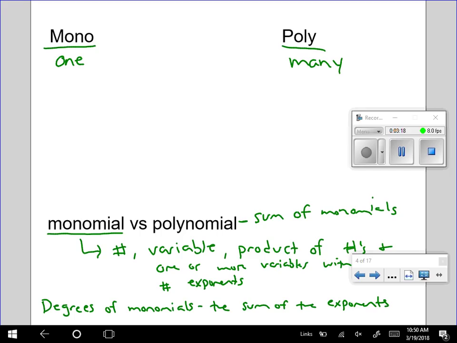The degree of a non-zero constant term, for example 1, is a monomial, but its degree is 0. So that's a little different. The constant 0 does not have a degree, so those are a little unique.